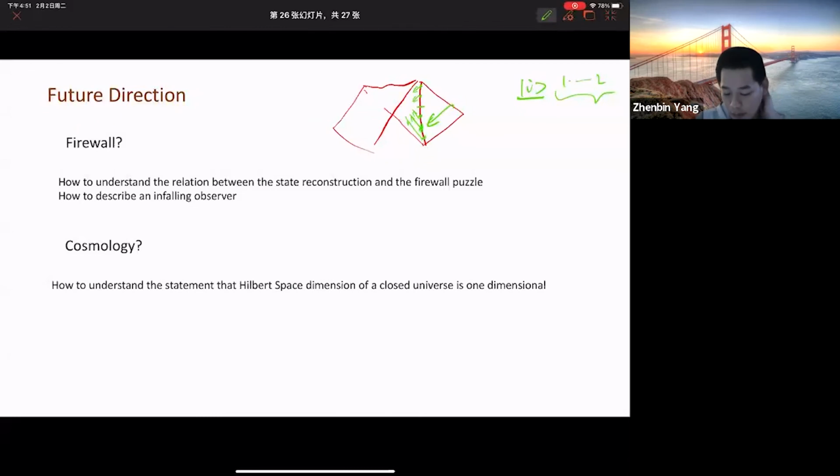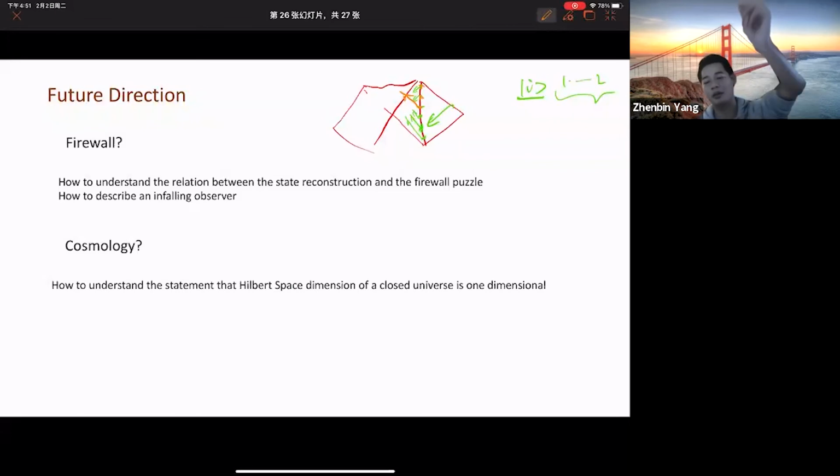But for an observer falling in at this time, this observer will not meet those energies. So this is not a firewall state for this observer. But on the other hand, this basis of states can also be created by inserting operators at later times, like 1 thermal time later, 2 thermal times later, and L thermal times later.